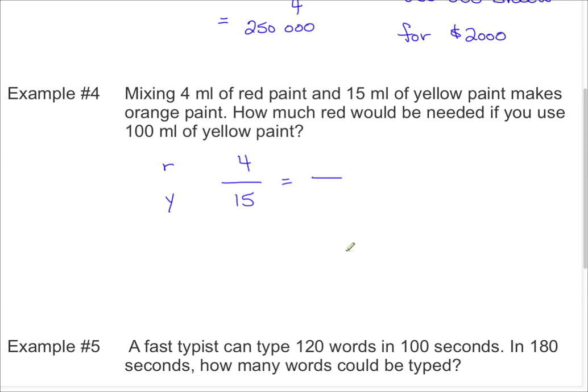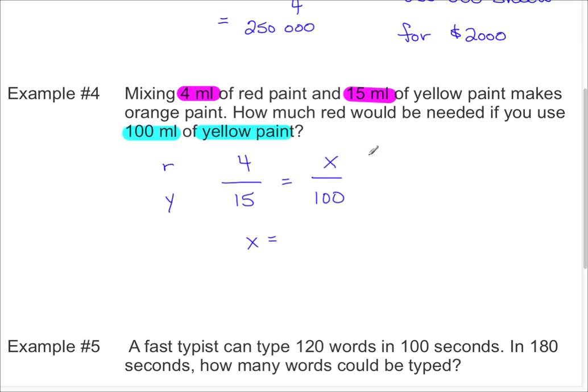So I'm going to take up my highlighter again. We did 4 to 15. And we've got one more number, sorry, 100. And what is that? Yellow paint. So where is that going to go? On the yellow paint. So we're going to put 100 milliliters there, and then this blank space gets our variable.